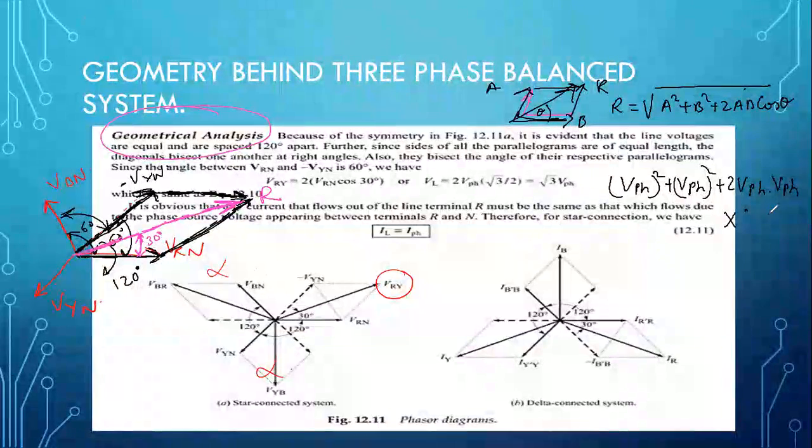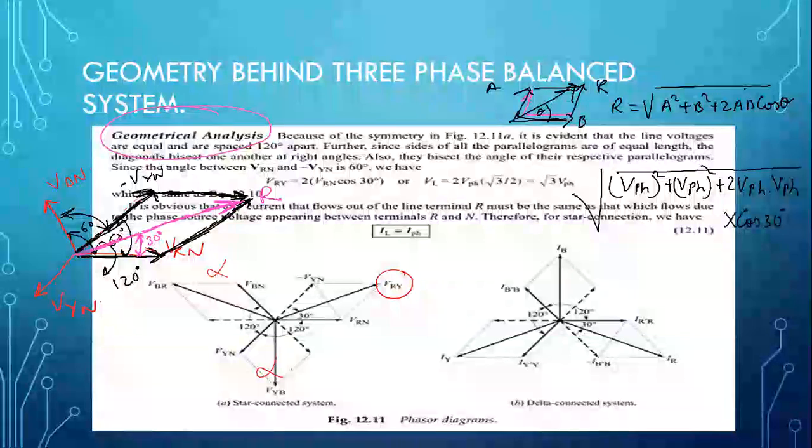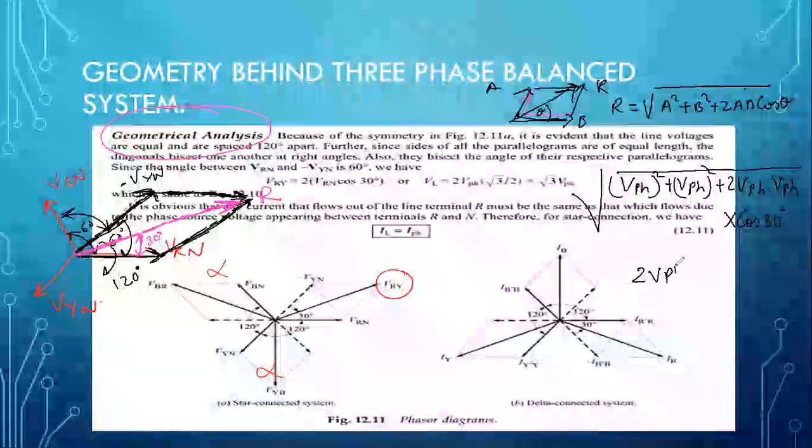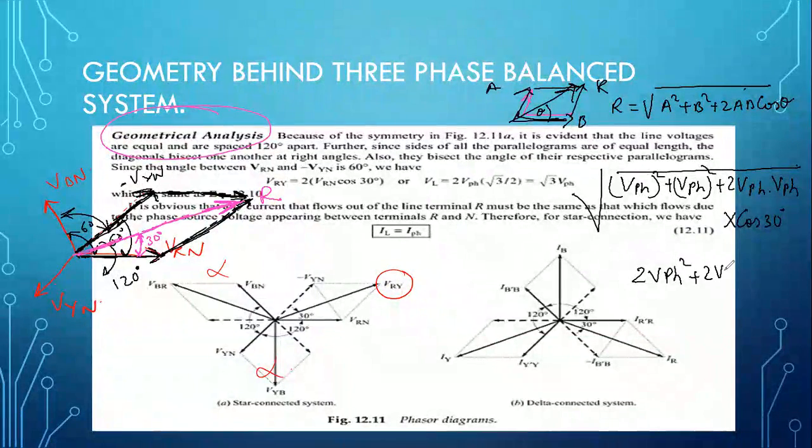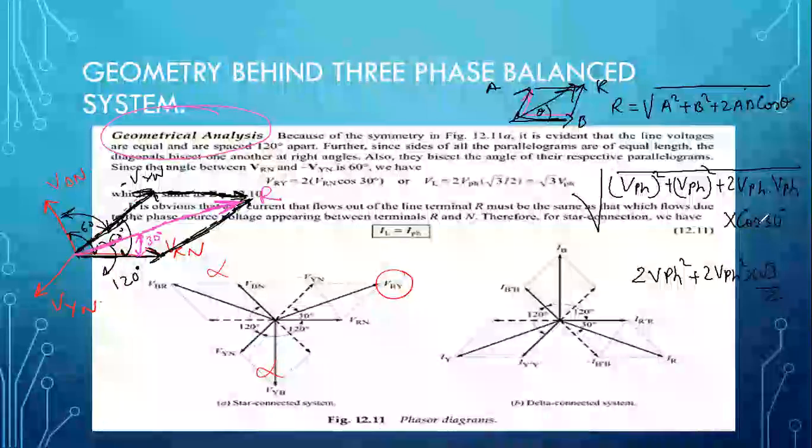Theta is 30 degree, so cos of 30 degree. So 2 VPH square plus 2 VPH square into cos 30. What is cos 30, students? Root 3 by 2. All of you? Yes, sir.